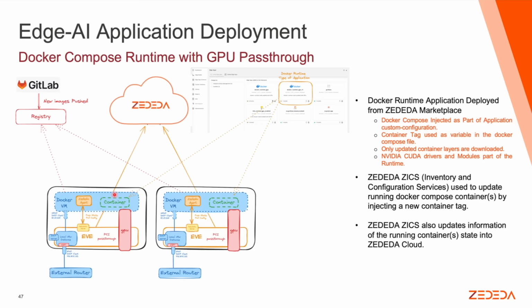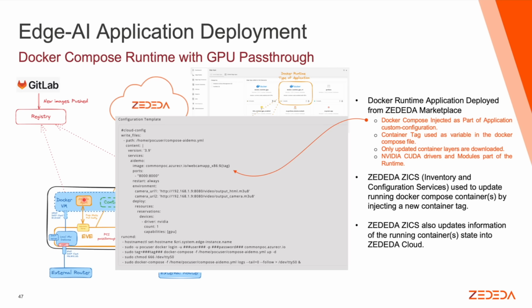So we call it the ZEDEDA ZIX, the Inventory and Configuration Services. It's a generic framework that is available for any application in the marketplace. You use it with a specific communication channel between the Docker runtime and it. Here you see the Docker Compose YAML file, and in this case 2 variables pointing to our camera feeds, right?